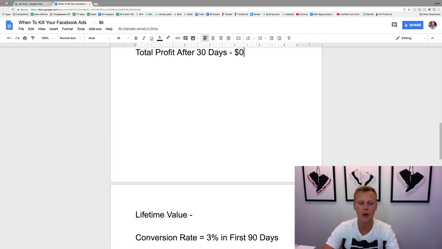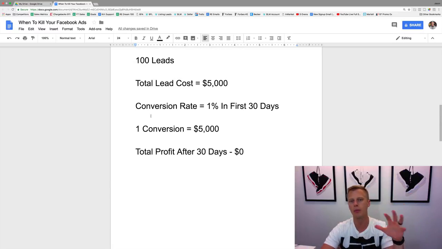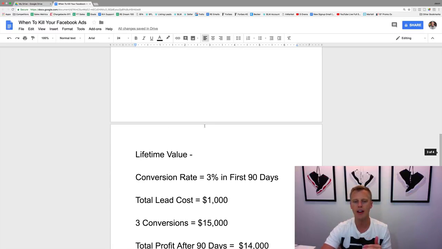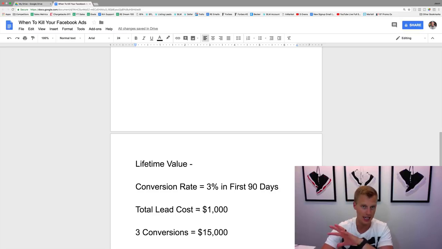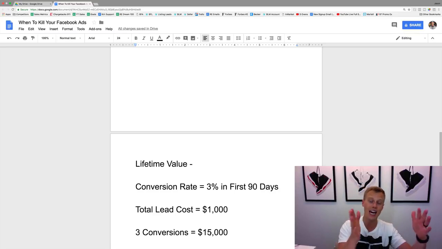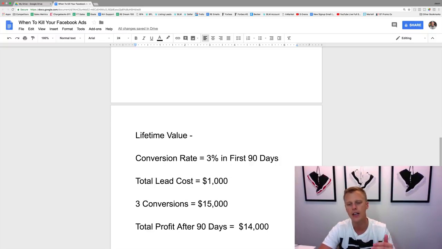So coming down here, we look at the lifetime value over 90 days. Let's say that 1% is now a 3%. We broke even right here. Now we've got a 3%, and let's say the lead cost is still $10 per lead, so it's $1,000. We get those 3 conversions at $5,000 per conversion, which is $15,000, so after 90 days we're profiting $14,000.